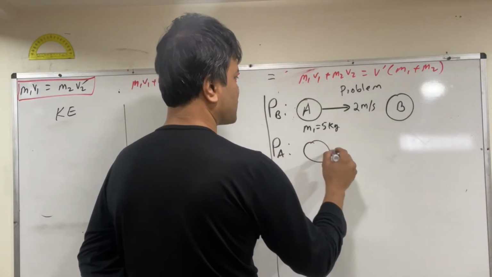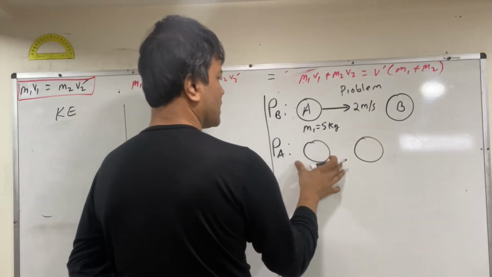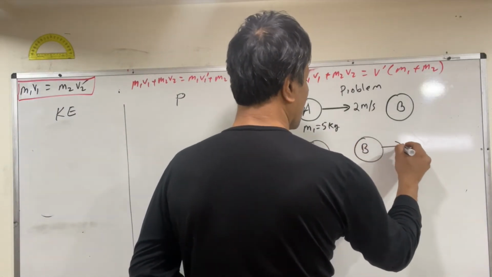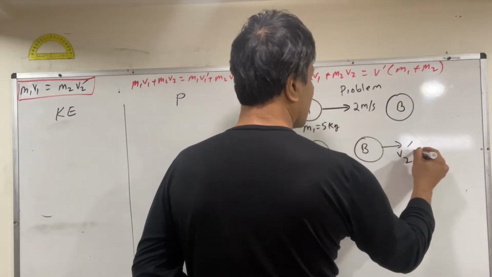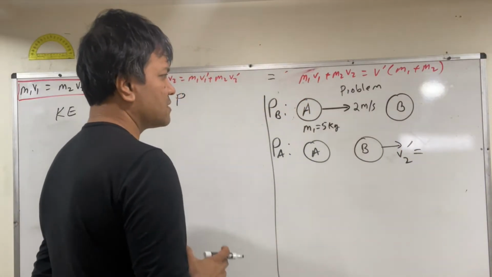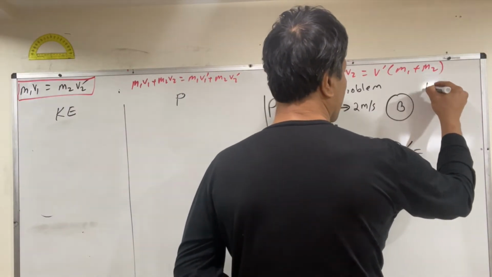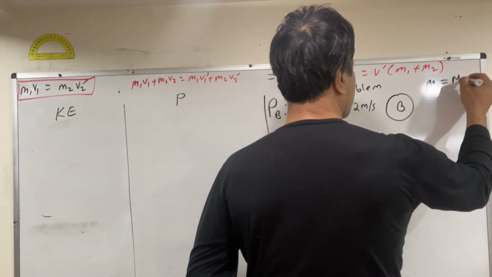Ball A comes to a stop because after the collision it gives all its velocity to ball B, and that's what we're going to find. By the way, in this case, the mass of ball A, m1, is equal to m2.